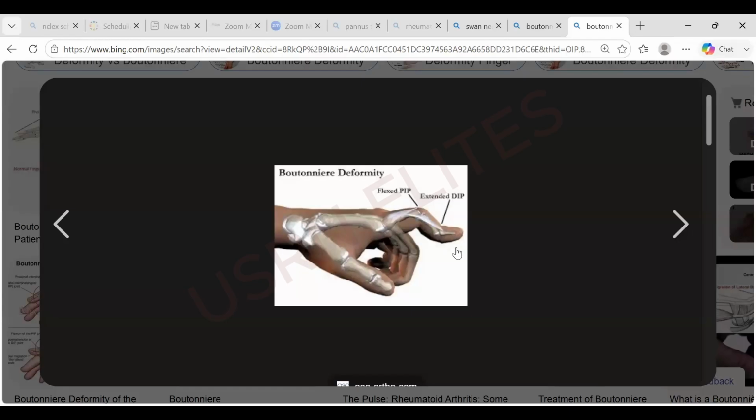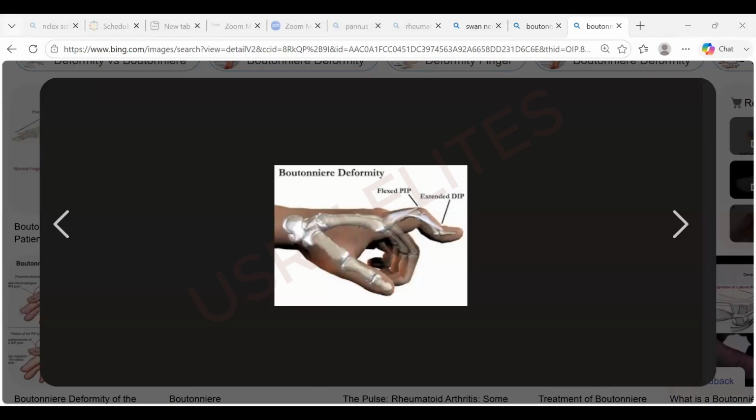In swan neck, we have the distal one flexed and the proximal extended. Is that okay, please? So that is the boutonniere deformity and the swan neck deformity in rheumatoid arthritis. Is that okay, please? Yes, sir.